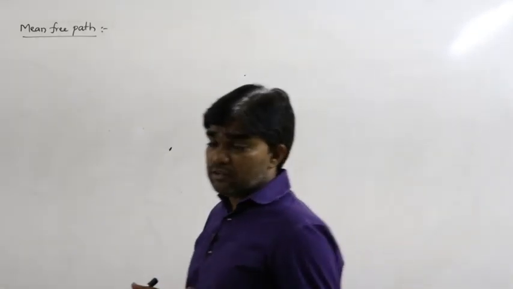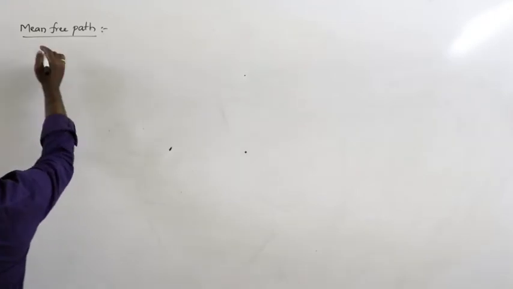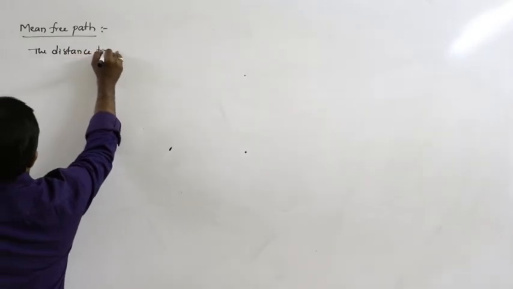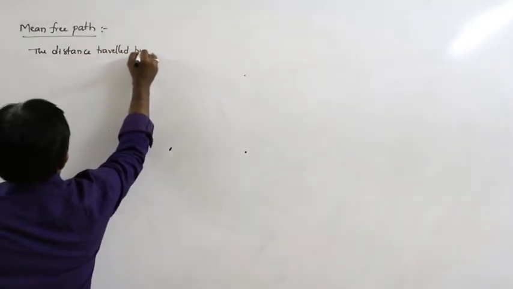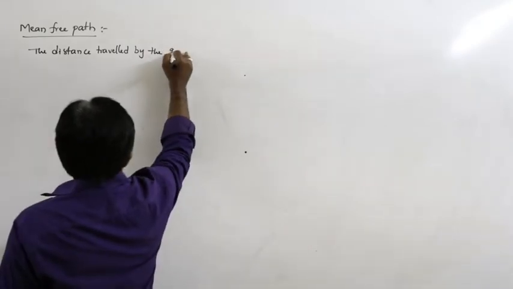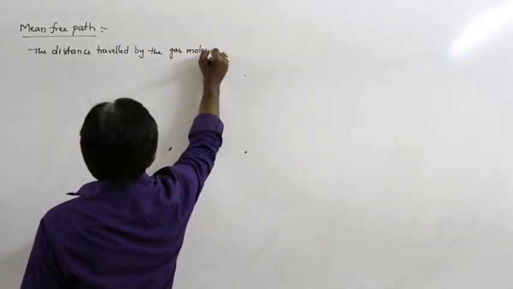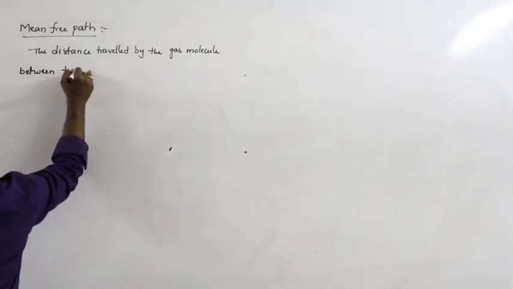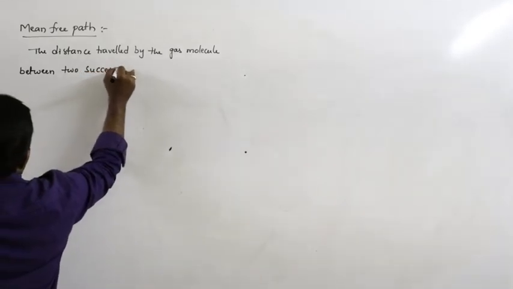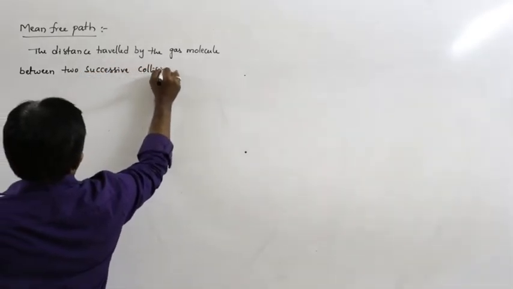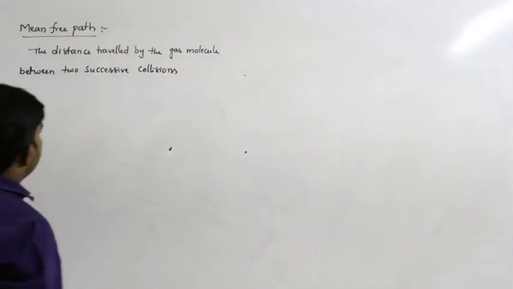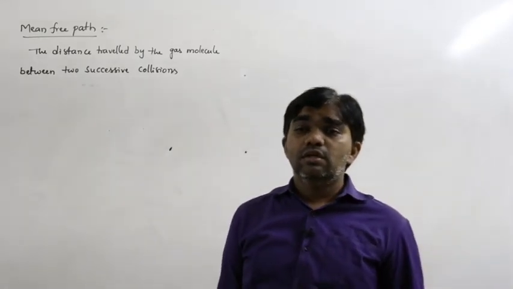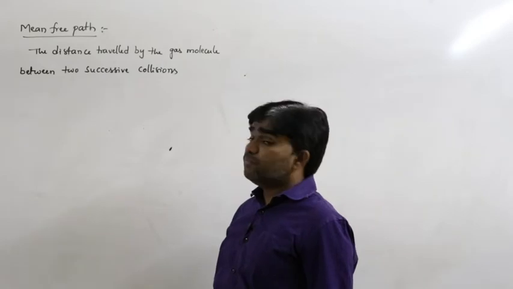So here the mean free path is defined as the distance travelled by the gas molecule between two successive collisions. That is called mean free path. The distance travelled by the gas molecule between two successive collisions is called mean free path.